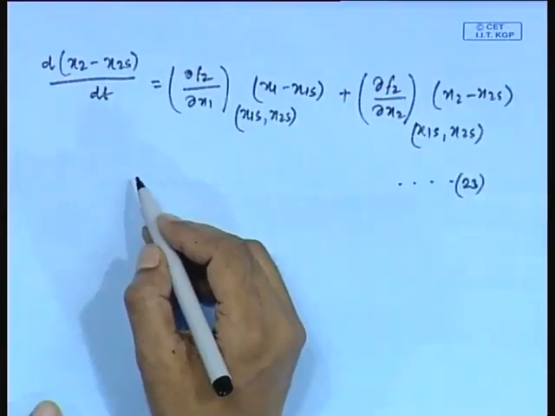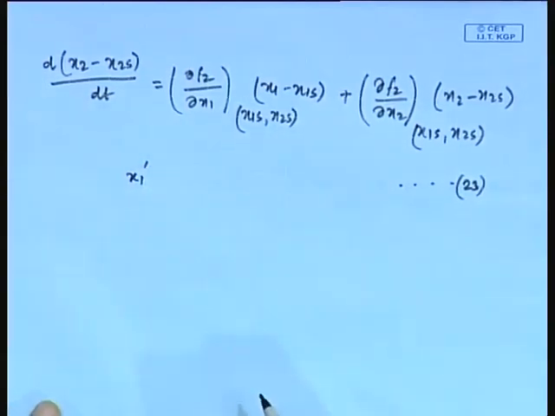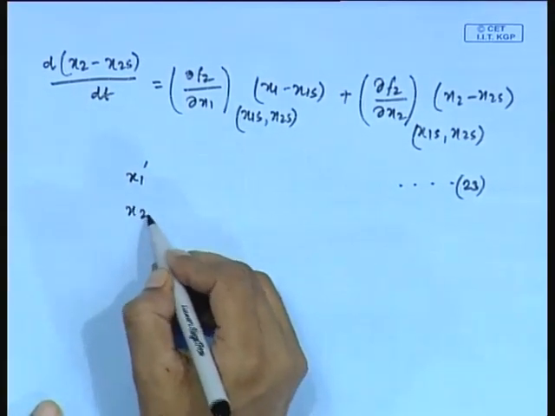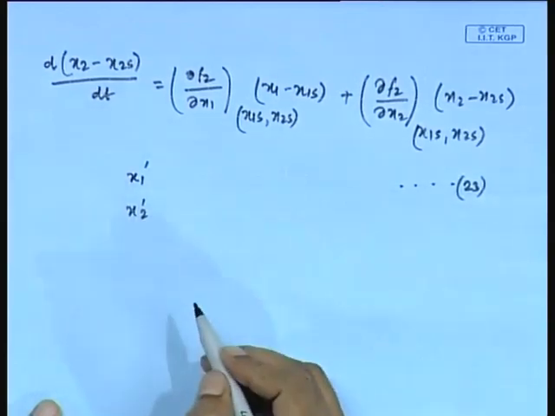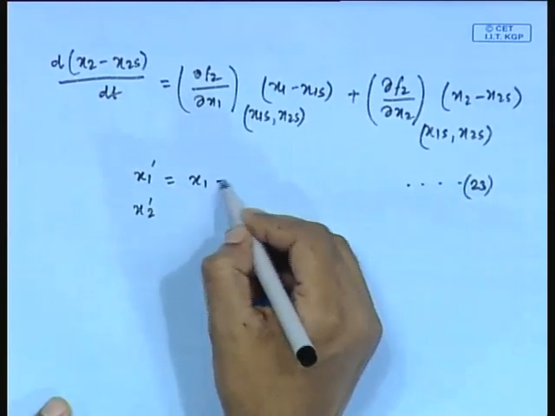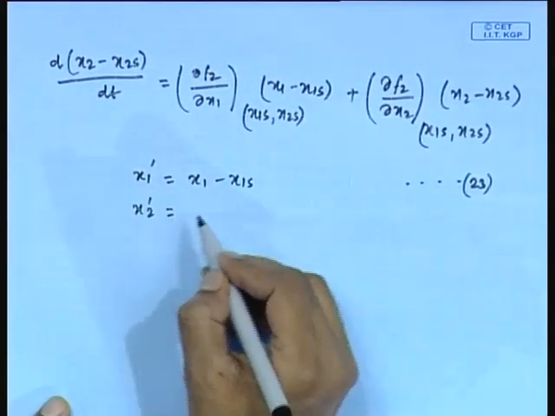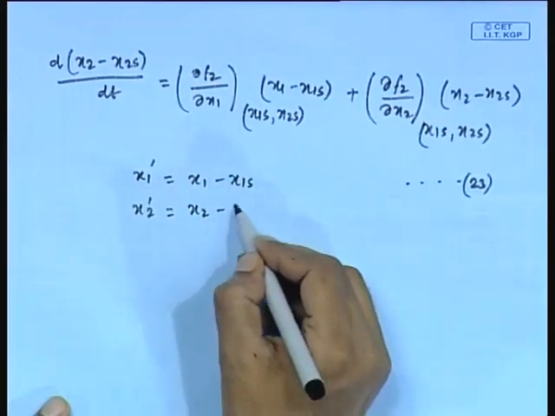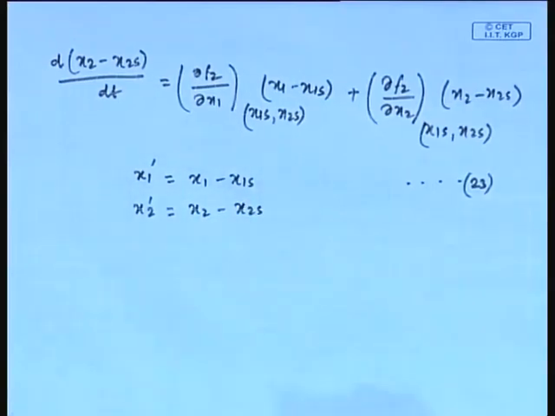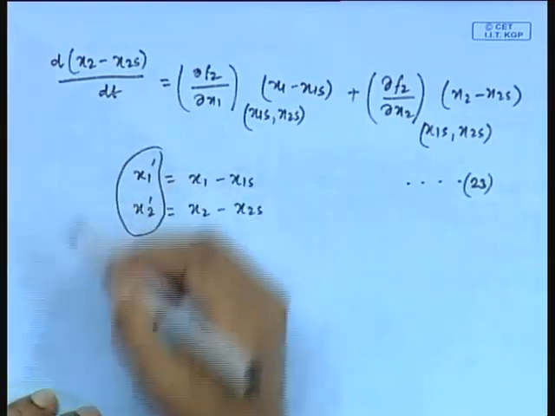Now, we assume the deviation variables: one is x1 prime, another deviation variable we assume x2 prime. What is x1 prime? x1 minus x1s. Similarly, x2 prime is x2 minus x2s. These are two deviation variables.